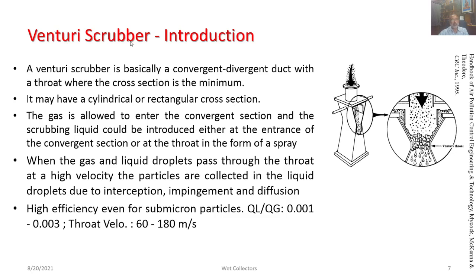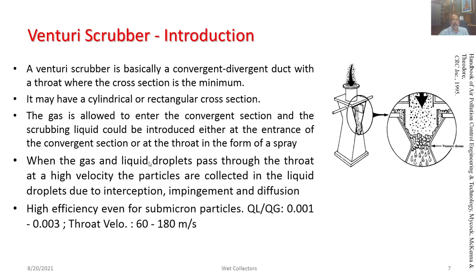As far as the working of this Venturi scrubber is concerned, gas is allowed to enter in the convergent section and the scrubbing liquid could be introduced either at the entrance of this convergent section, or it could be supplied at the throat end. It can also be supplied in a counter current manner.